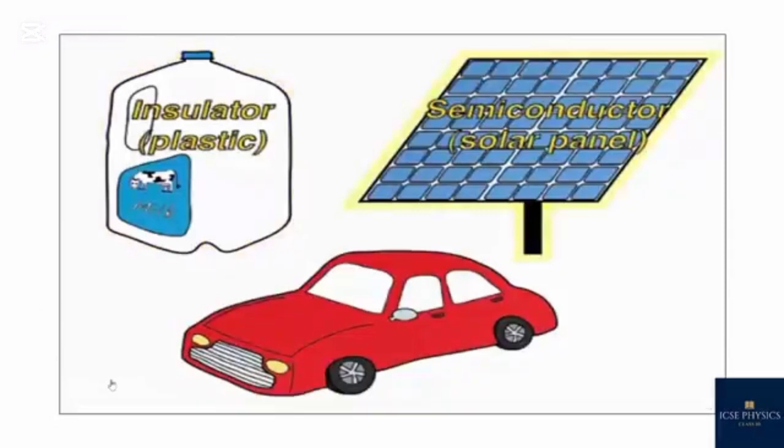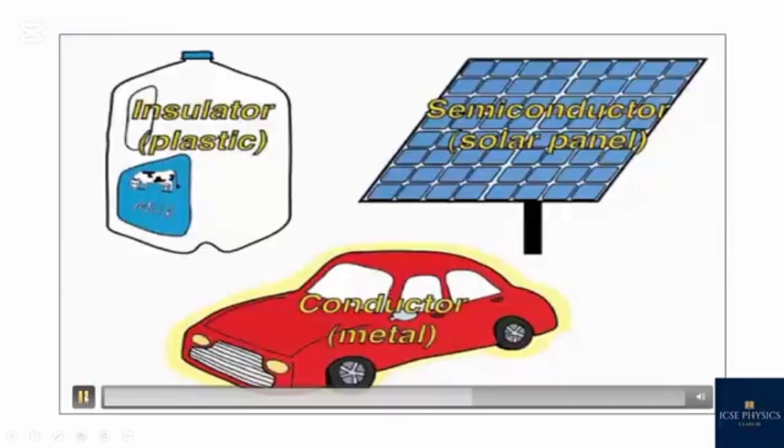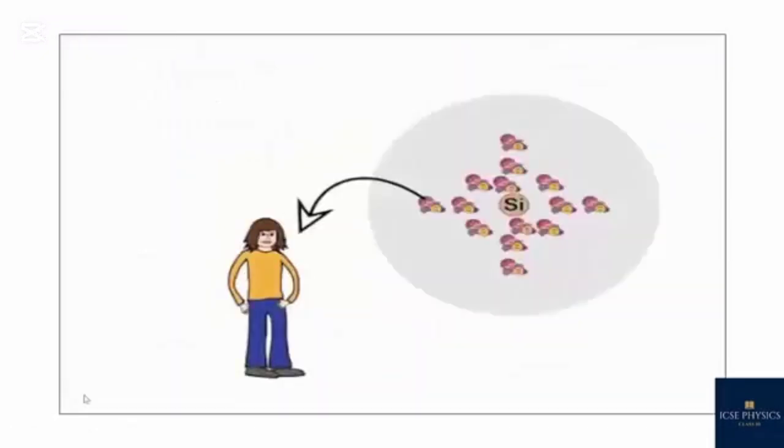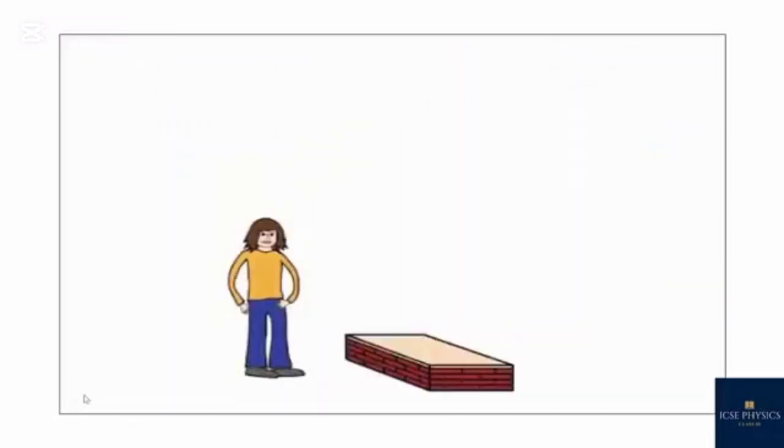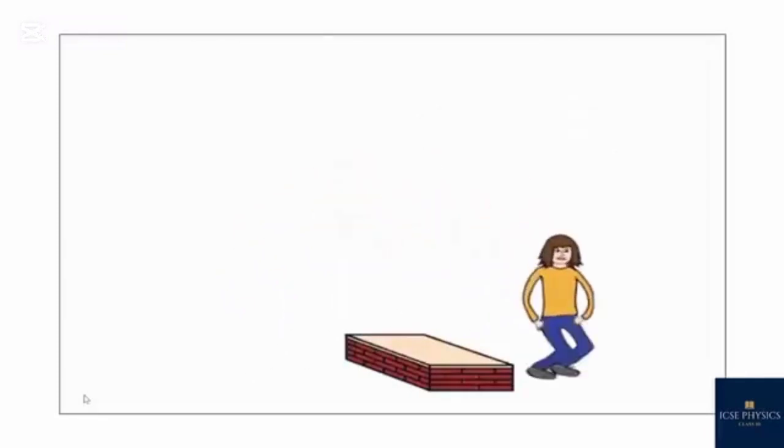Different types of material require different amounts of energy to free electrons. An insulator requires a large amount of energy. A semiconductor requires a medium amount of energy, and a conductor requires minimal or low energy to free electrons. Imagine you are an electron. To be free, there is a wall you need to get over. In a conductor, the wall is very short and you easily jump over.